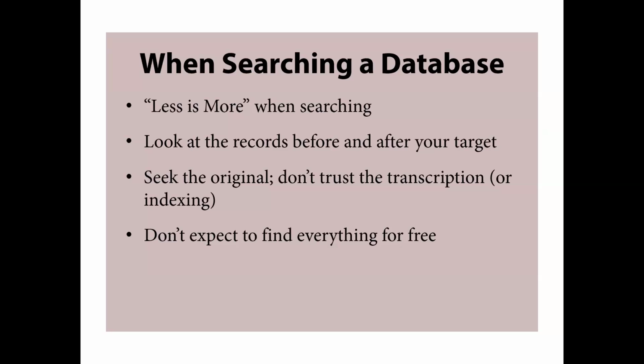So, for example, if you found someone in the census, it's good to look before and after the first couple of pages because you might identify other members of the extended family living right near them. Or maybe you found a passenger manifest and you found that right on the previous page were members of the family accompanying, maybe children coming over. So it's always good to make sure that you're not isolated to just that one page, but look around it, because maybe there's something that just didn't quite come up, but the context helps.